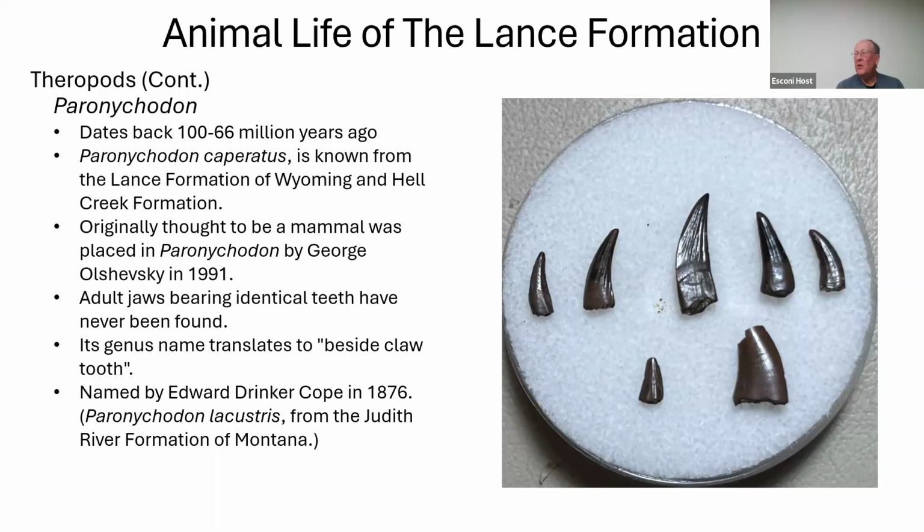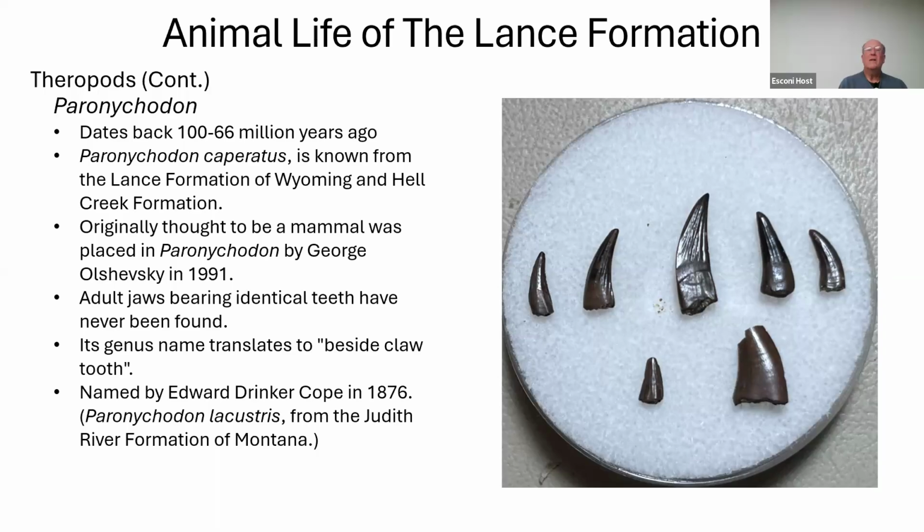That includes places like North Dakota, South Dakota, and Montana, where you have Hell Creek Formation available to be collected or researched. Originally, it was thought to be a mammal and was placed in this group by George Olshevsky in 1991, which is relatively recent.